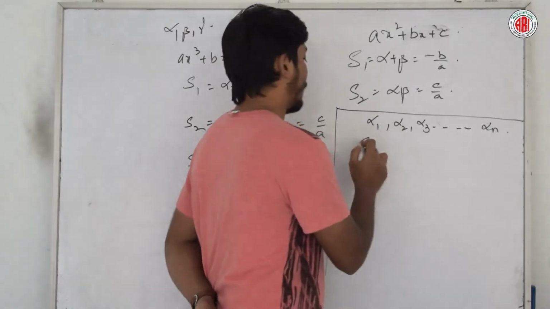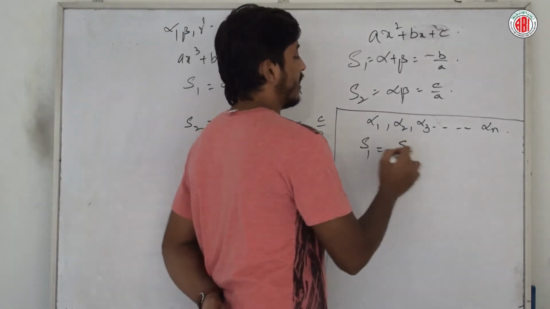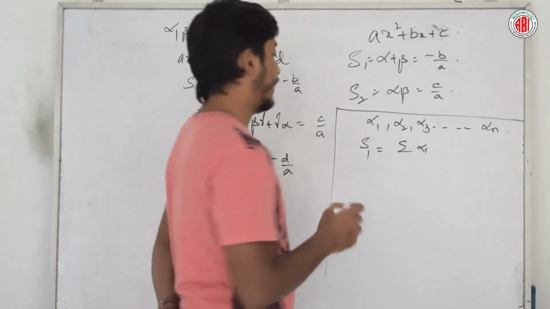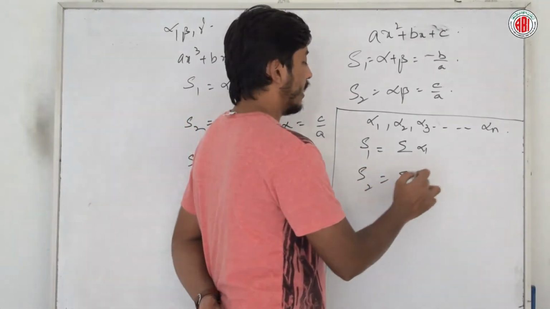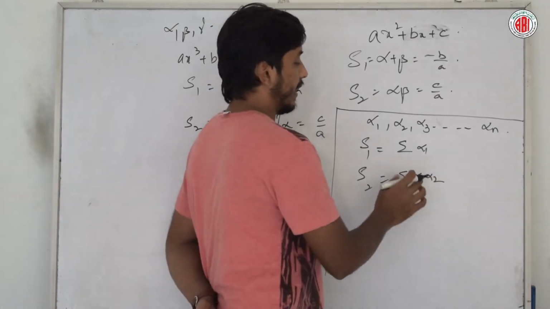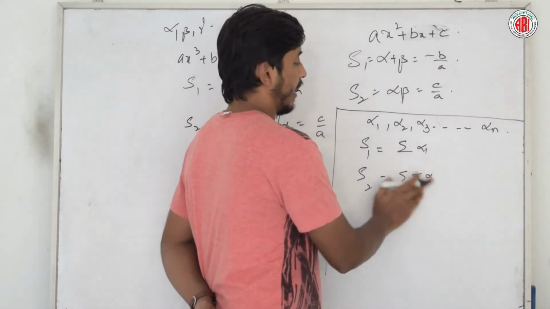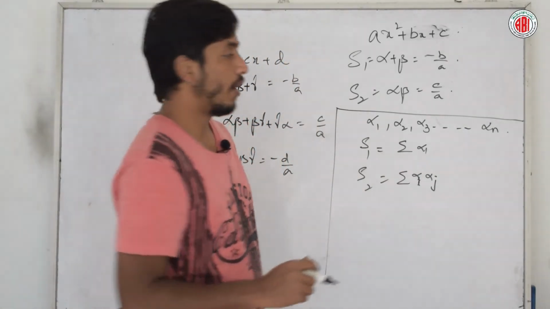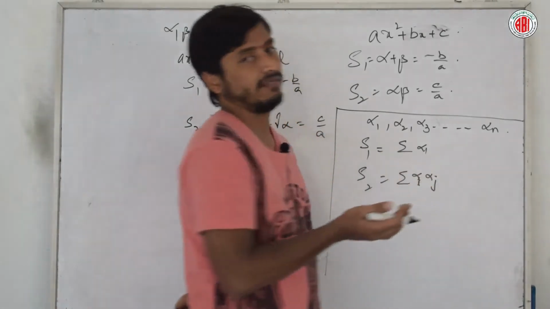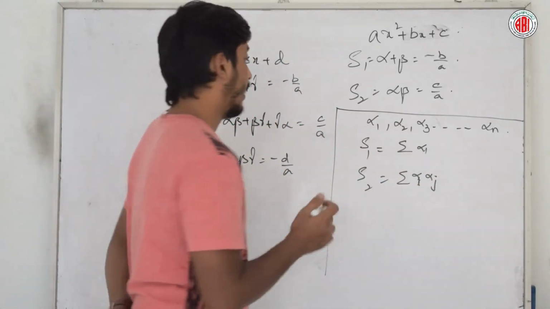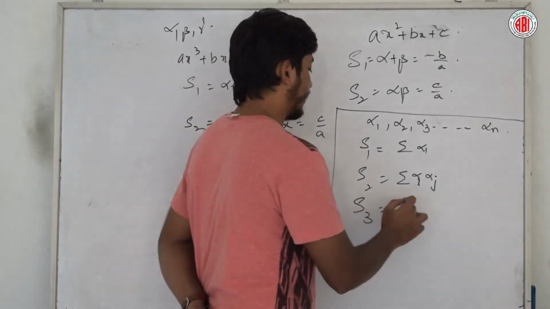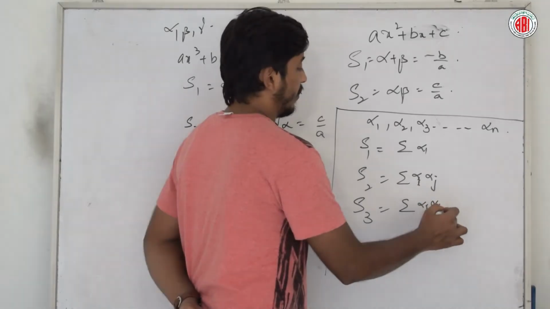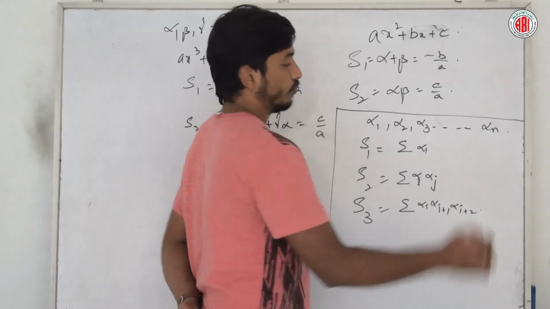Then their sum is given by the summation of alpha 1, and the next, S2, is given by the first and second, let us say alpha i and alpha j. Next, if I take the summation for 3, it will be like alpha i, alpha i plus 1, alpha i plus 2, something like that.